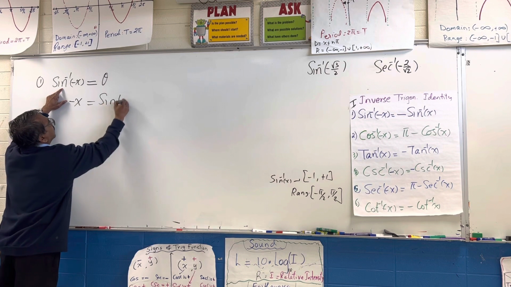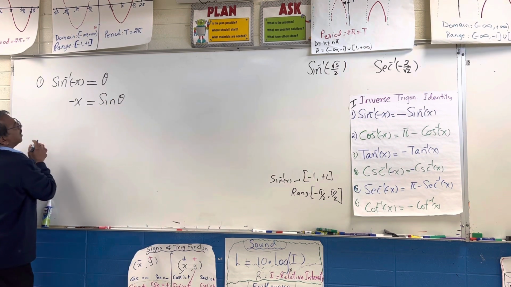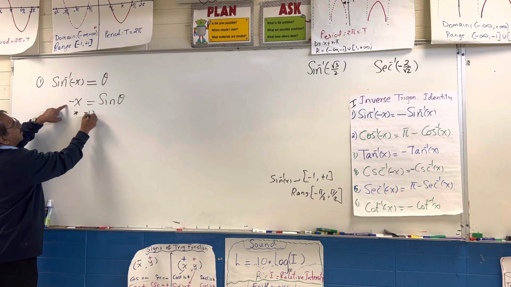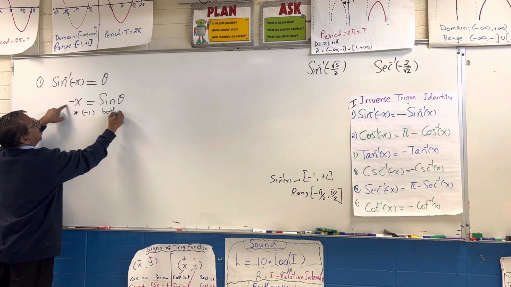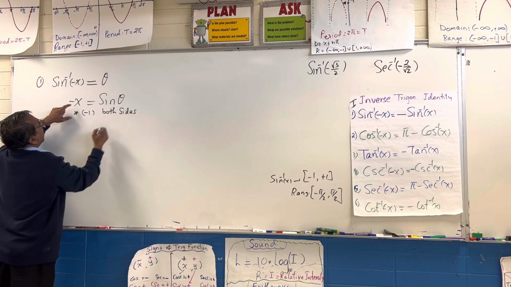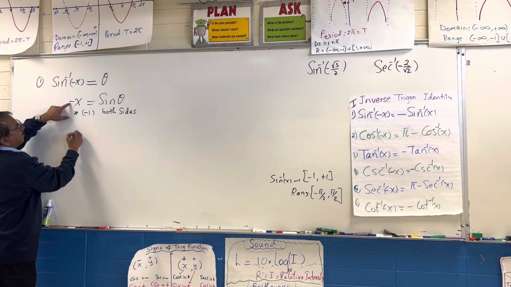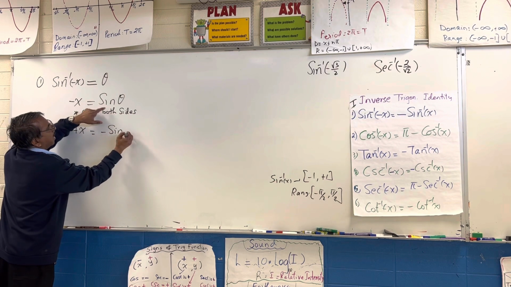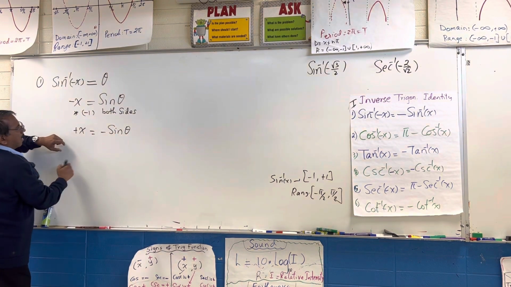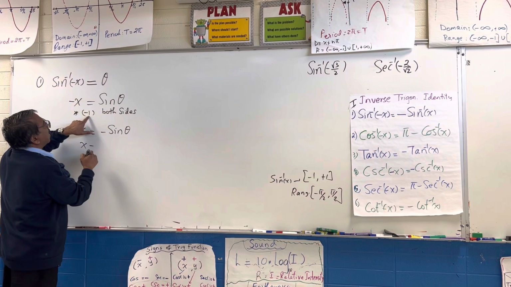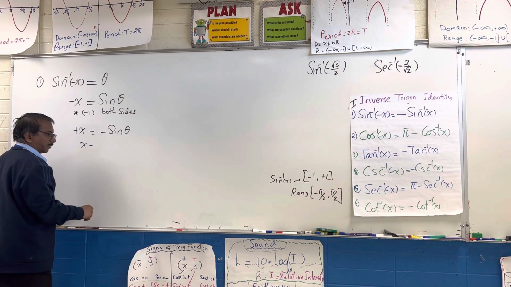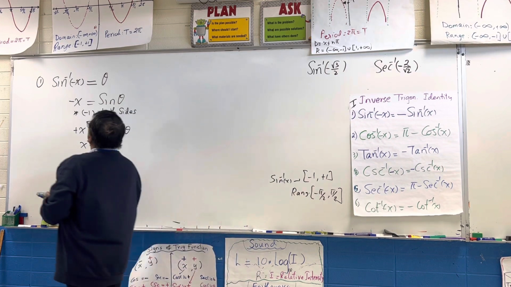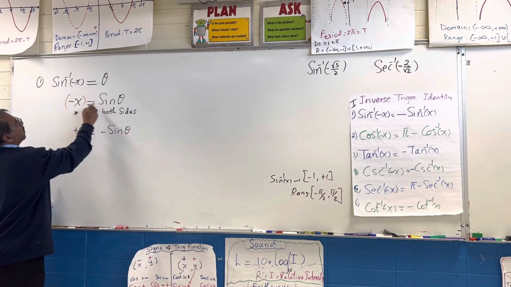sine of theta. Then multiply minus 1 on both sides, and negative times negative will be positive x, and this will be minus sine of theta, because you're multiplying by minus 1 on both sides.